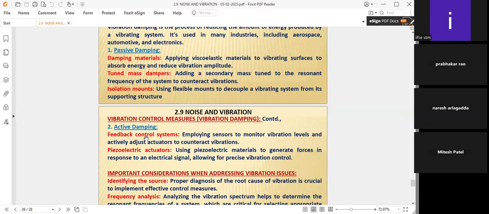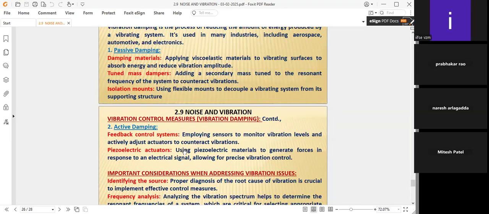Active damping, feedback control systems, and piezoelectric actuators are very important. Active damping means employing sensors. Here, engineering controls employ sensors to monitor vibration levels and actively adjust actuators to counteract vibration, that is a feedback control system.